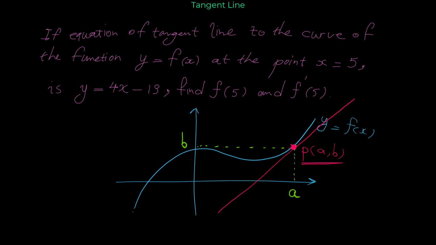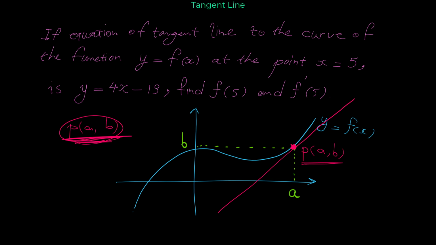As you can see, the tangency point is common between the function f of x and the tangent line. So the first property is that both the function and the tangent line pass through that point, as you can see here.